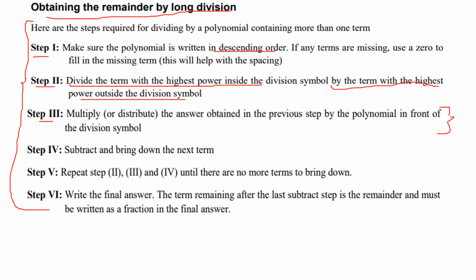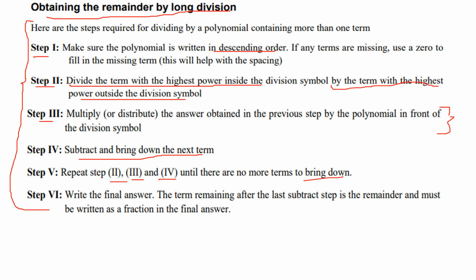After that, you subtract it from the polynomial, which is on step 6. Subtract and bring down the next term. Now step 4, we are saying that you're going to repeat Roman number 2, Roman number 3, and Roman number 4 until there are no more terms to bring down.